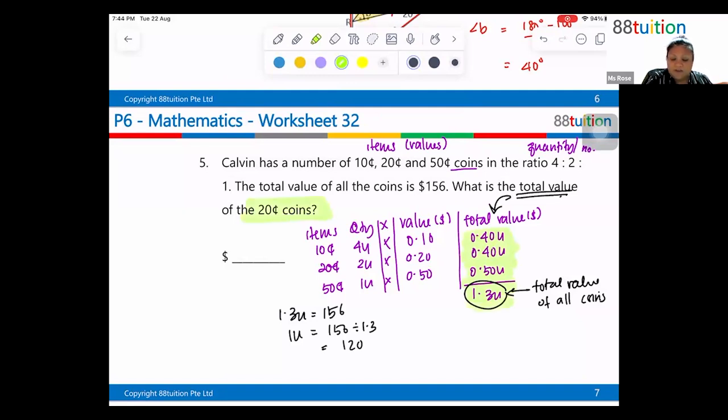So the total value of the 20-cent coins would be this 0.4 unit, which is 0.4 times 120, to give me $48. So that's question number 5.